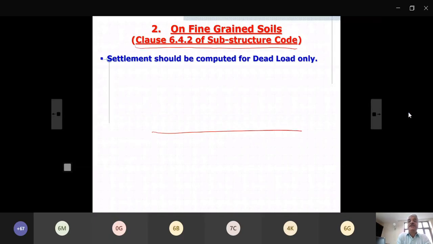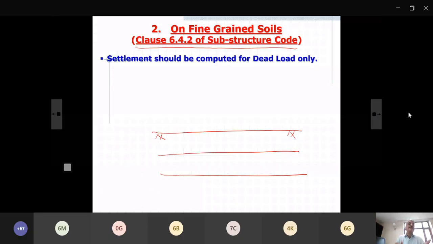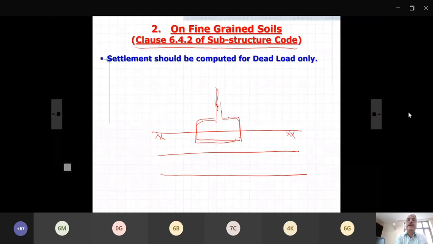So here what happens is, initially let us say this is your ground level, and we just assume there are 2 layers below this, and when I am talking about 2 layers in the significant depth, always be clear about that. So under dead load there is an equilibrium, there is no problem. Now the moment I apply live load, maybe through the footing, or whenever I apply extra load, then initially there will be some pressure here.